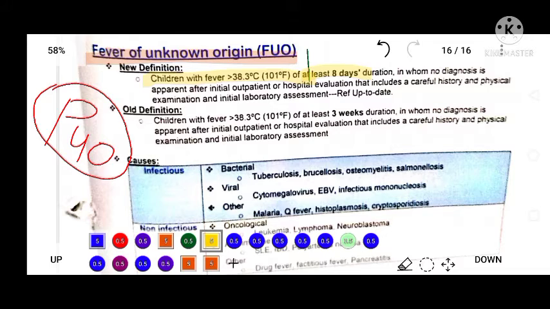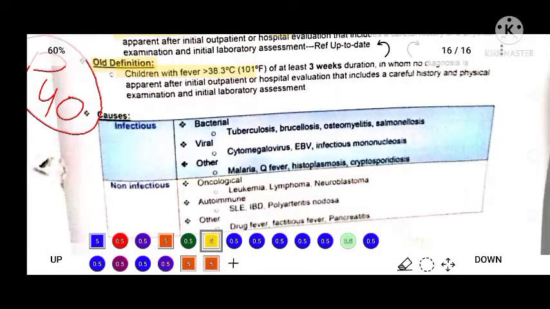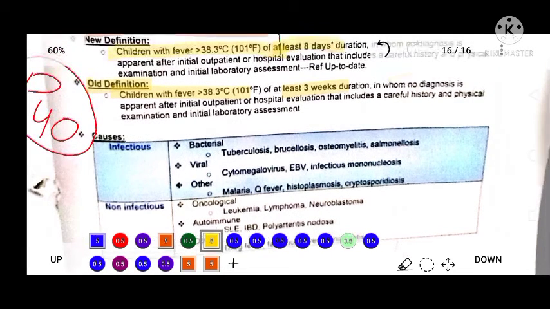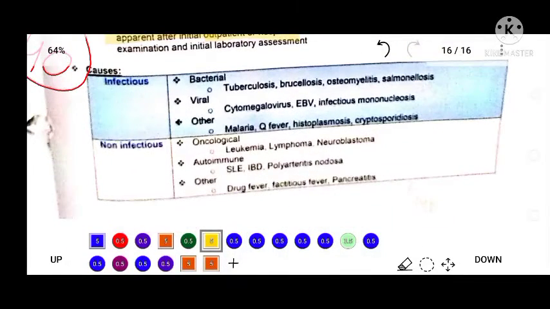There is an old definition of fever of unknown origin: children with fever greater than 38 centigrade for 3 weeks in whom no diagnosis is apparent after initial outpatient evaluation of the patient. So that is known as fever of unknown origin.